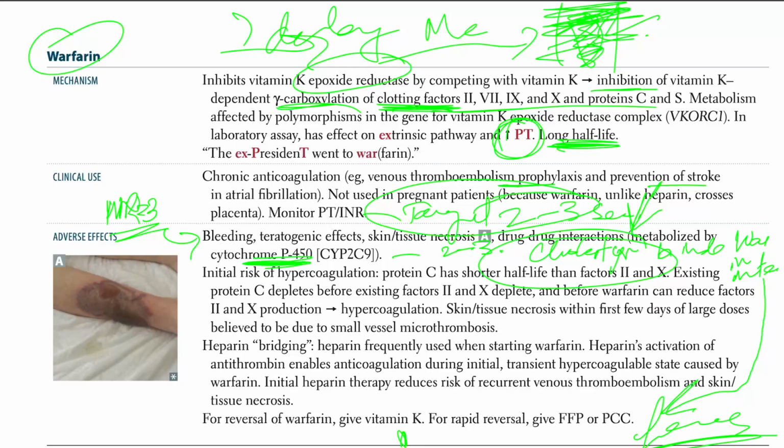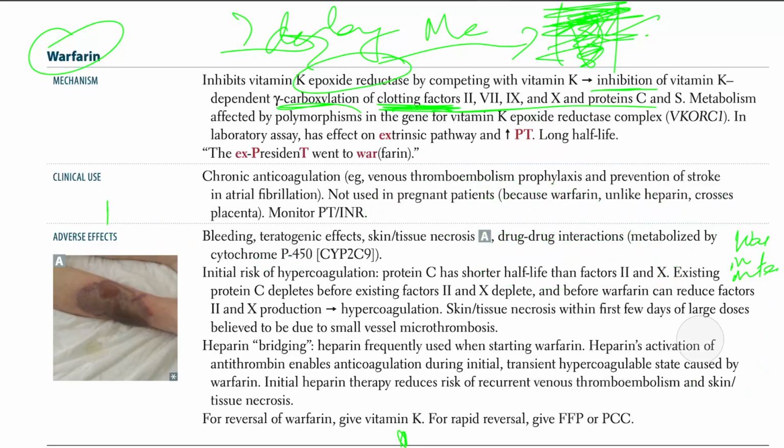For skin tissue necrosis, this is one of the adverse effects, and it occurs due to the initial hypercoagulation state. You can reduce this by giving heparin, which reduces the skin necrosis.